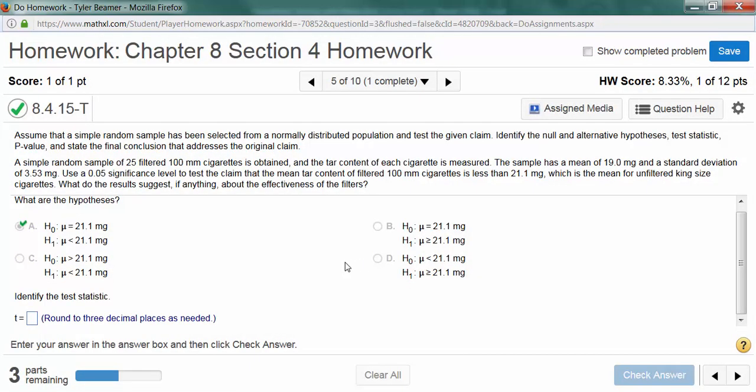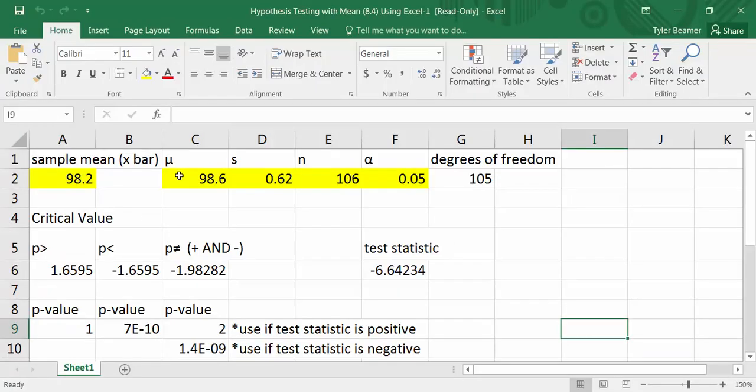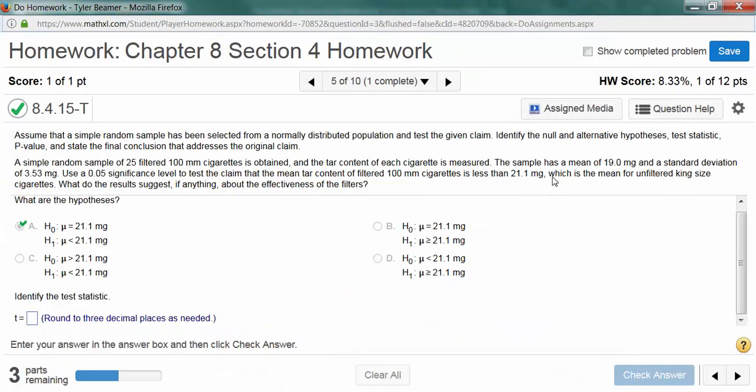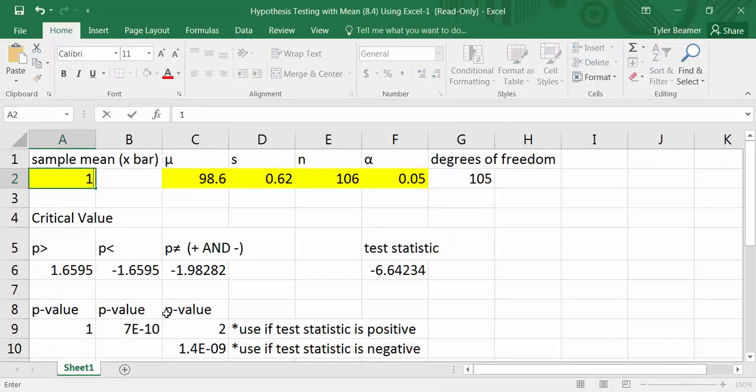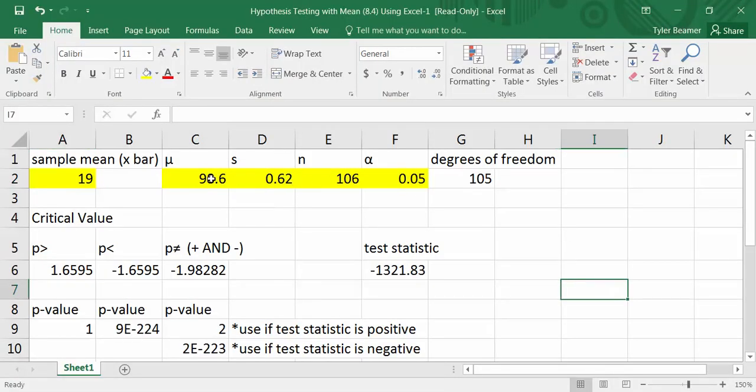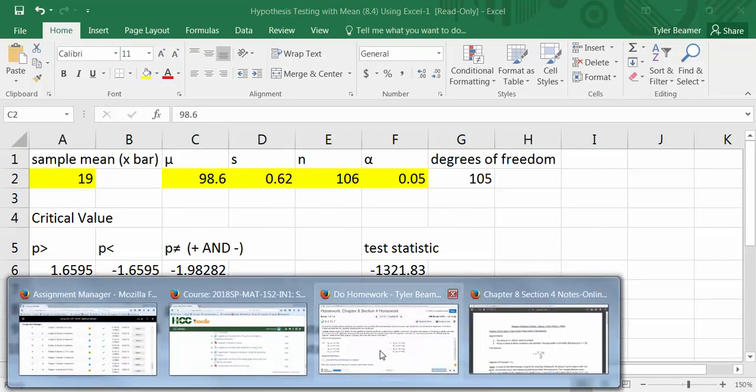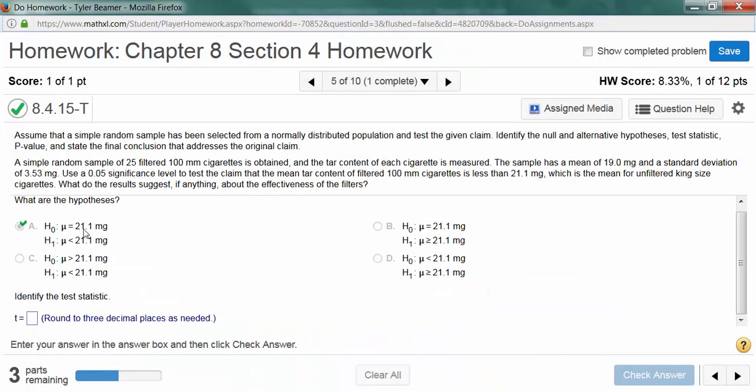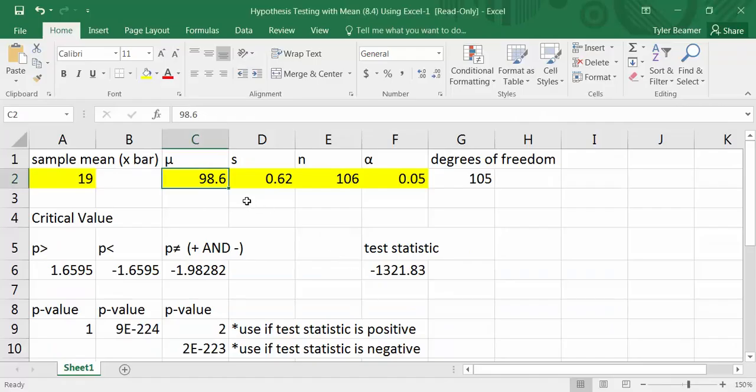All right, identify the test statistic. This is where the template's going to come in handy. So we want to put in the sample mean, which was given to us in the problem, which was 19 milligrams. We want to put in mu, which is the population mean, which comes from the null hypothesis. We assume that to be 21.1.